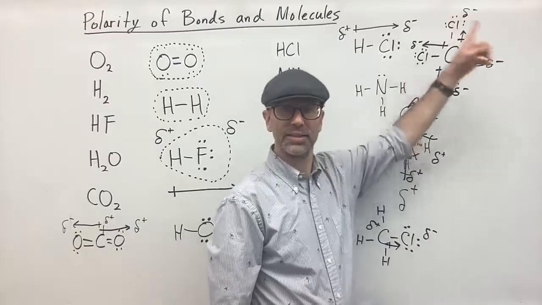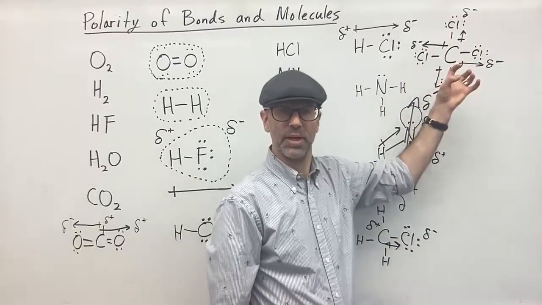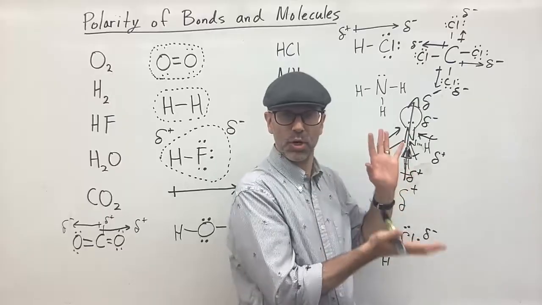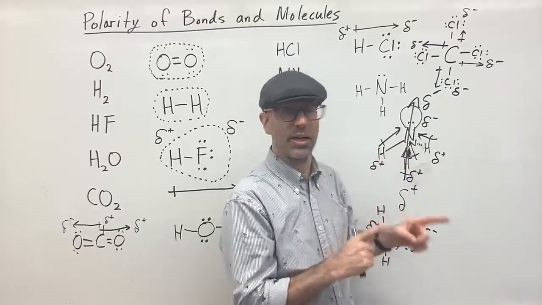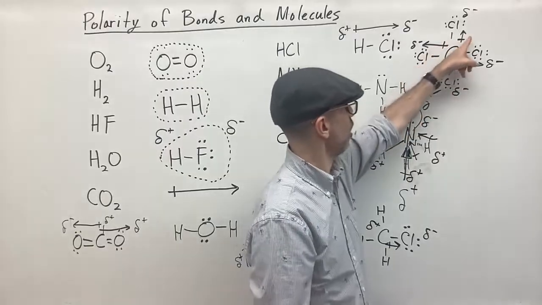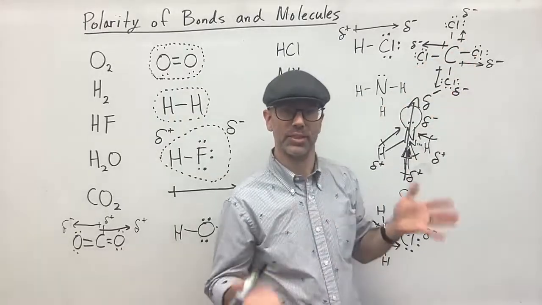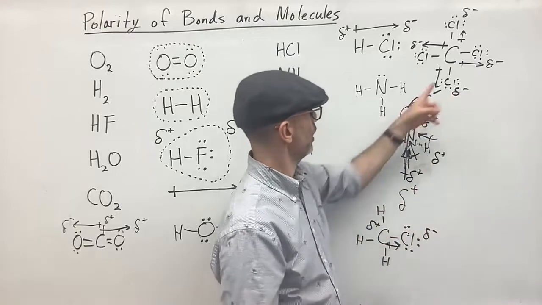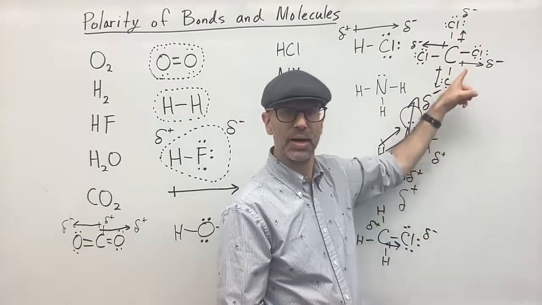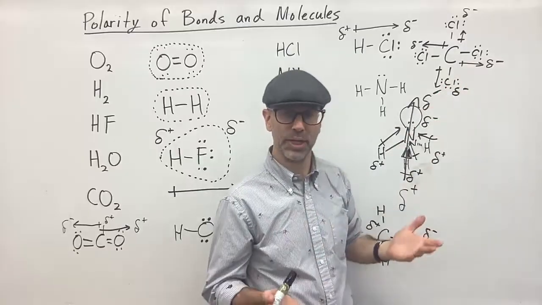But because this is a tetrahedral shape, they're all spread out evenly, 109.5 degrees from each other. Therefore, all of the polarities in the bonds will cancel out. And so even though we have polarity in the bonds, we're not going to have polarity in the molecule.